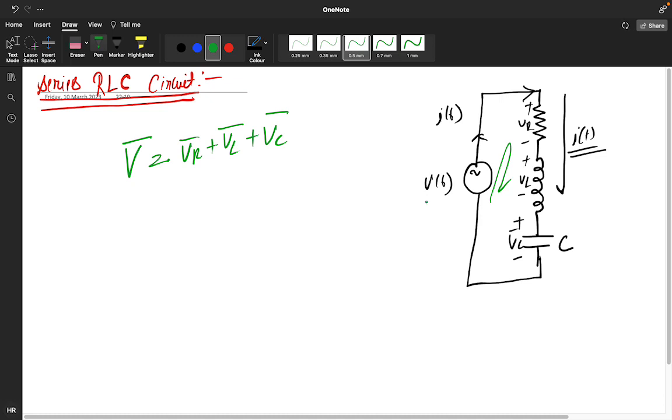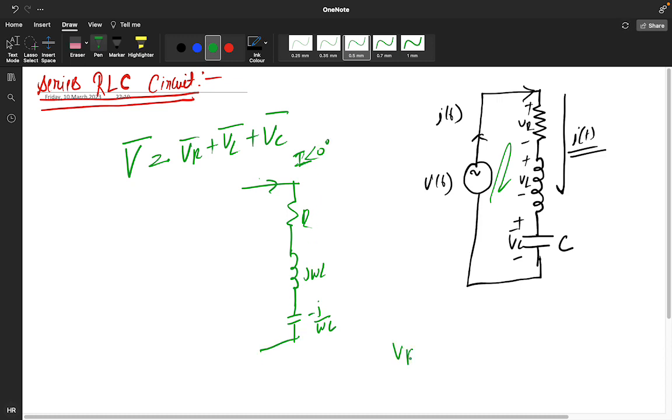If you apply KVL, you will get VR plus VL plus VC. So guys, I am representing the impedances as R, j omega L, and minus j by omega C. And suppose our current I is I at an angle 0 degree.